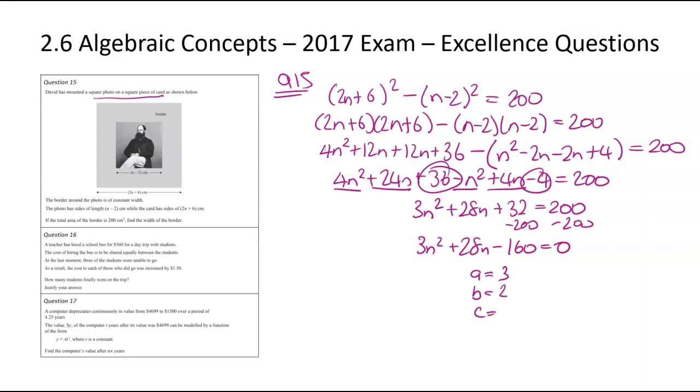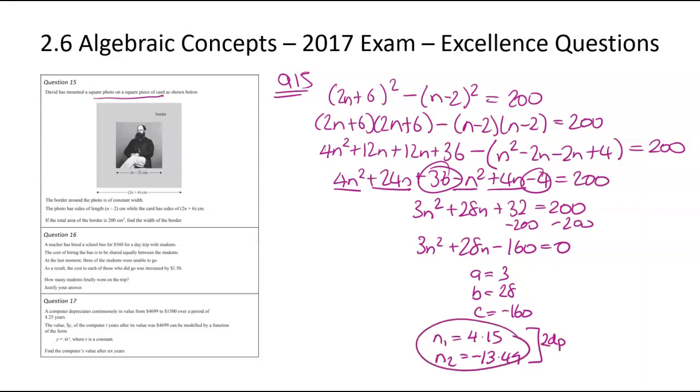So that's going to be 3, 28, negative 168. And when you get that, that tells us n1 is going to be equal to 4.15, and n2 is going to be equal to negative 13.49. Both of those had a 2dp rounding.